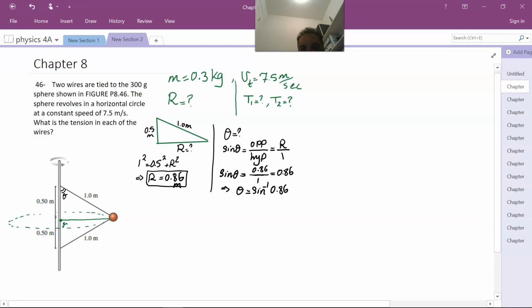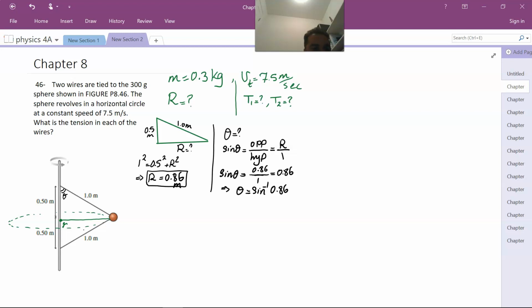What is wrong? Sine theta is opposite divided by hypotenuse. Opposite is 0.86, hypotenuse 1. My calculator is not in degrees. Okay, sine 90 has to be 1.